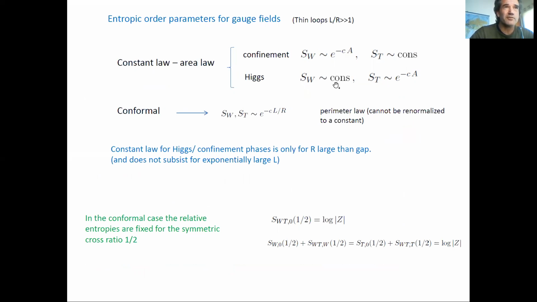The uncertainty relation prohibits you from having both a perimeter law and an area law. You have to have something like this. But in order to say that I have a constant law, I have to say that I have enough width, but not too large a length. So the terminology of line operators is somehow cumbersome, precisely because, in order to describe the renormalization group, line operators are not ultraviolet and not infrared; they are in the middle.